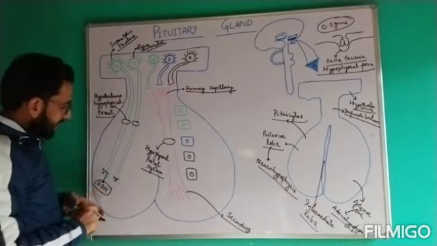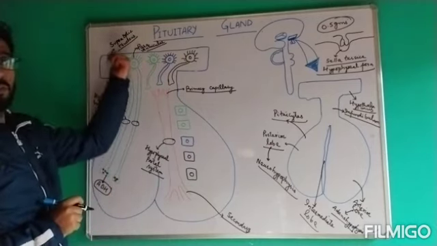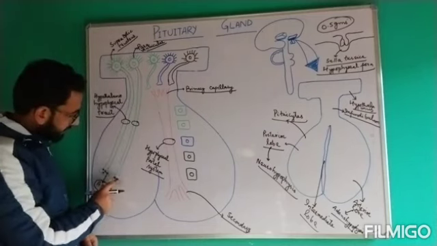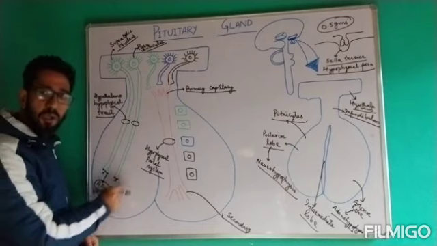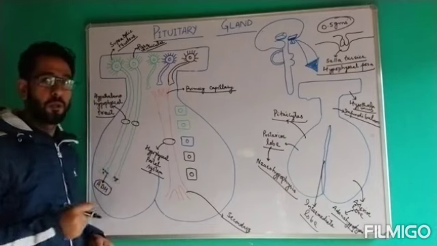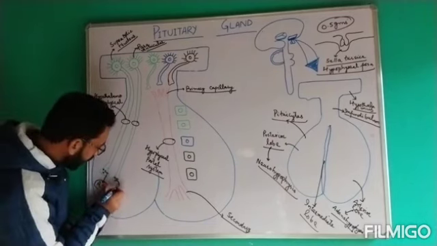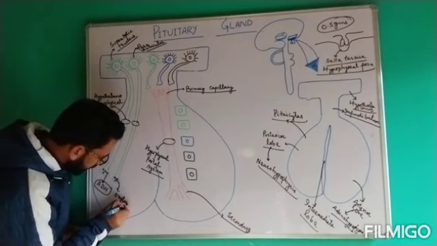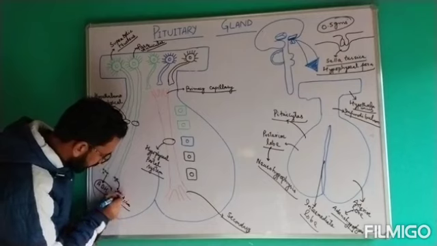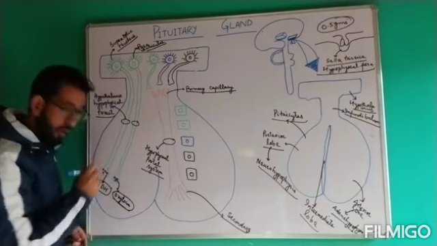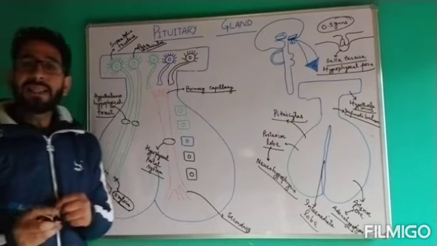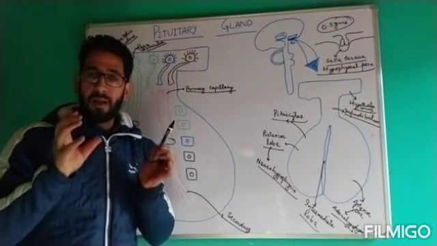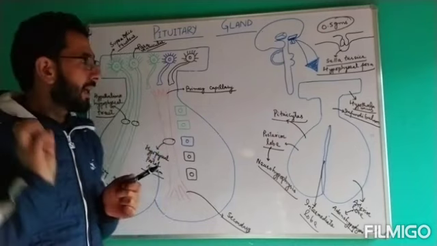After a particular stimulus to this paraventricular nucleus, the action potentials come down, and this hormone is also released out of the posterior pituitary gland. That hormone is called oxytocin. So oxytocin is the second hormone secreted from the posterior pituitary gland.